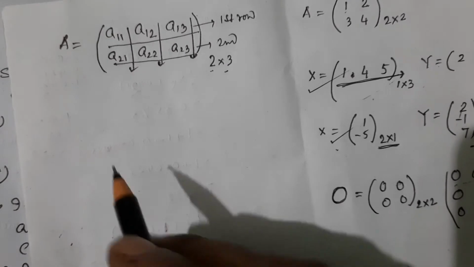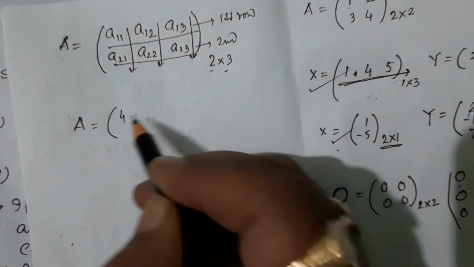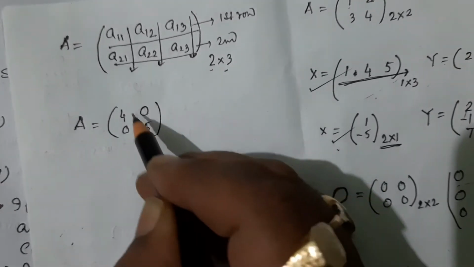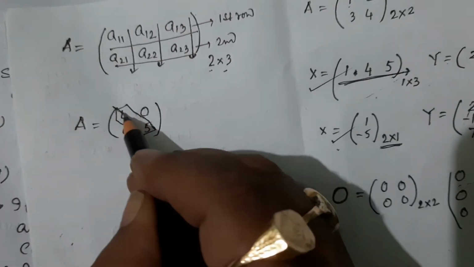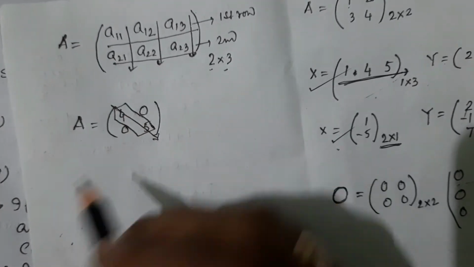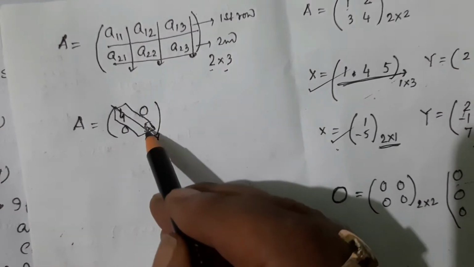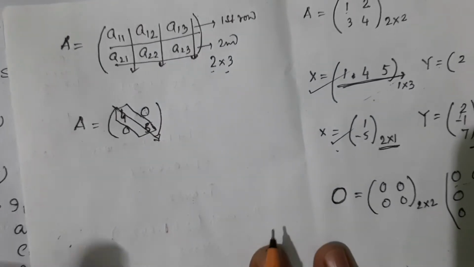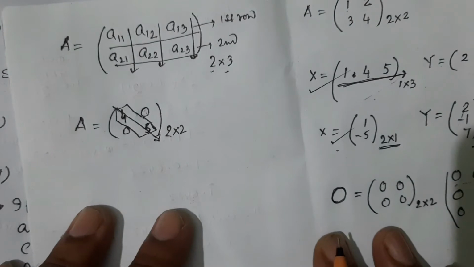Consider A equals 4, 0, 0, 5. This diagonal is known as the leading diagonal, and the leading diagonal elements are non-zero. Except these, all the other elements are zero. And this is a 2 cross 2 square matrix.